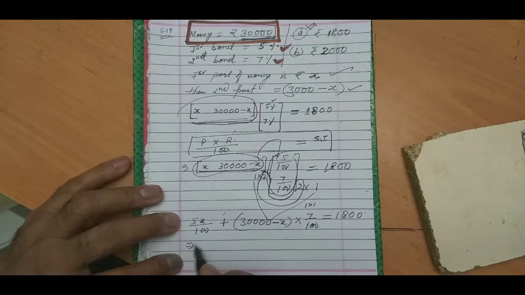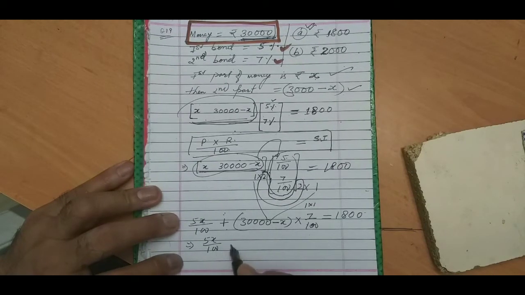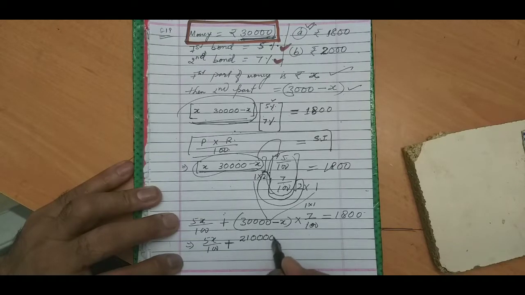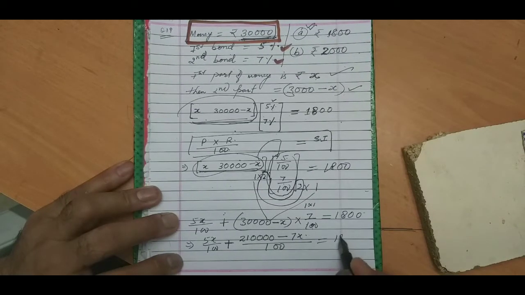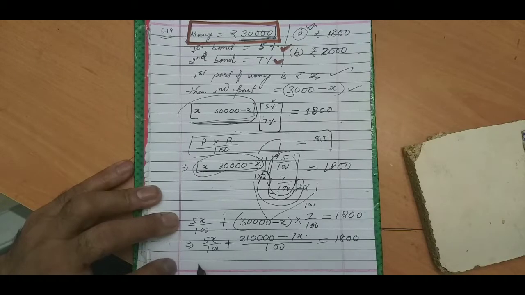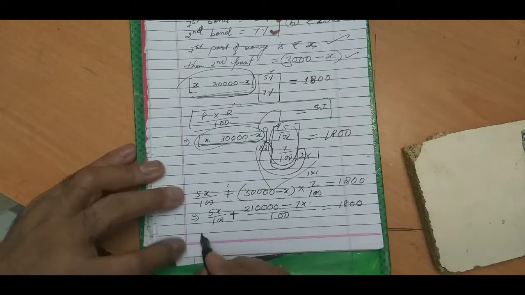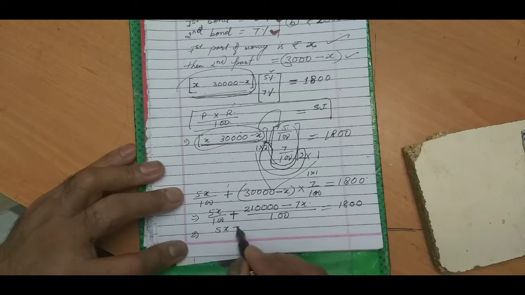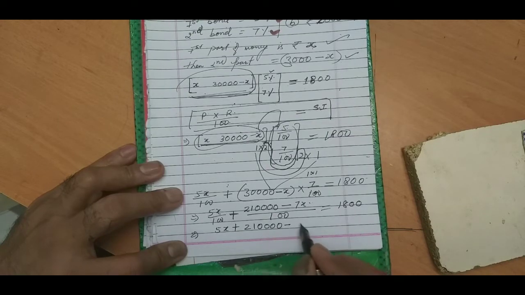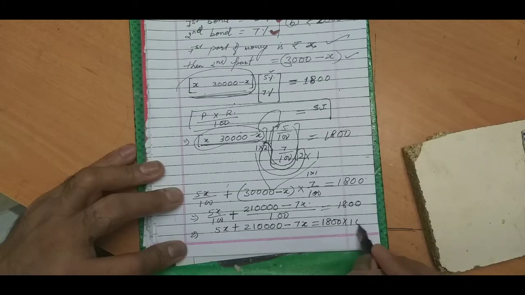Now 5x upon 100 plus 7 3s are 21, 2 lakh 10,000 minus 7x upon 100 is equal to 1800. Now cross multiplication: 5x plus 2 lakh 10,000 minus 7x is equal to 1800 into 100.